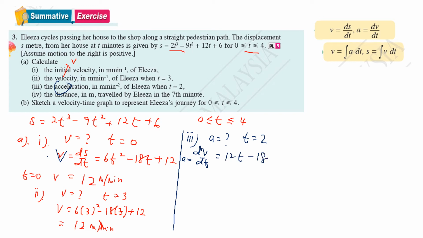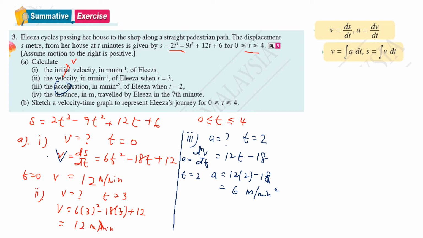When t equals 2, a is 12 times 2 minus 18, which is 24 minus 18, so 6 meters per minute squared. So that settles this question.